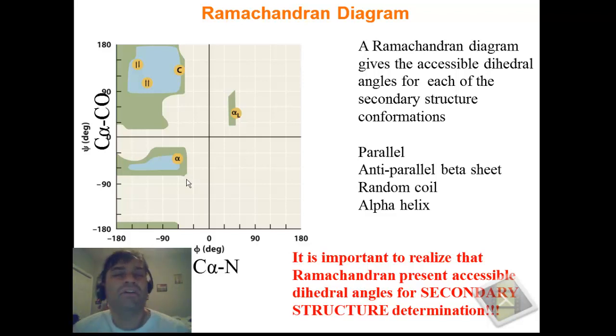It was made roughly in the 1930s by G. N. Ramachandran, and it really allowed us to go from the primary amino acid sequence to the next step. And that next step would be the secondary structure.